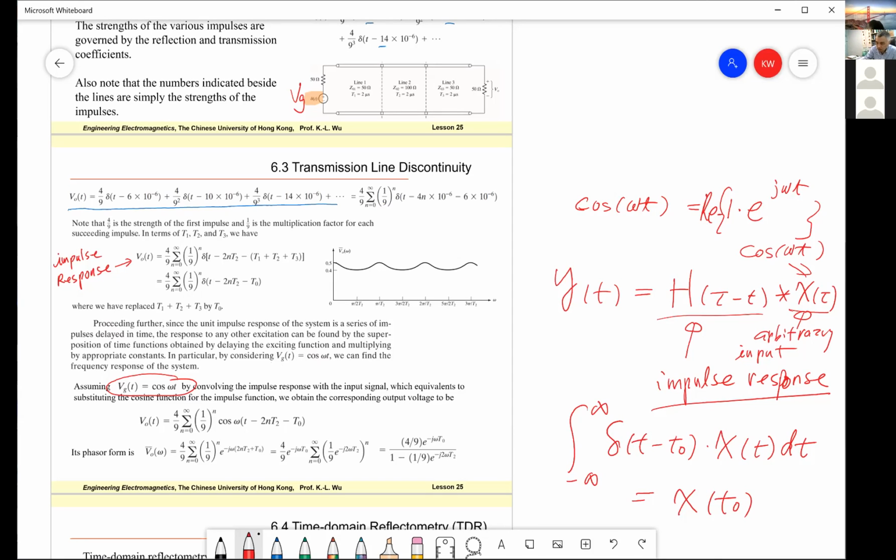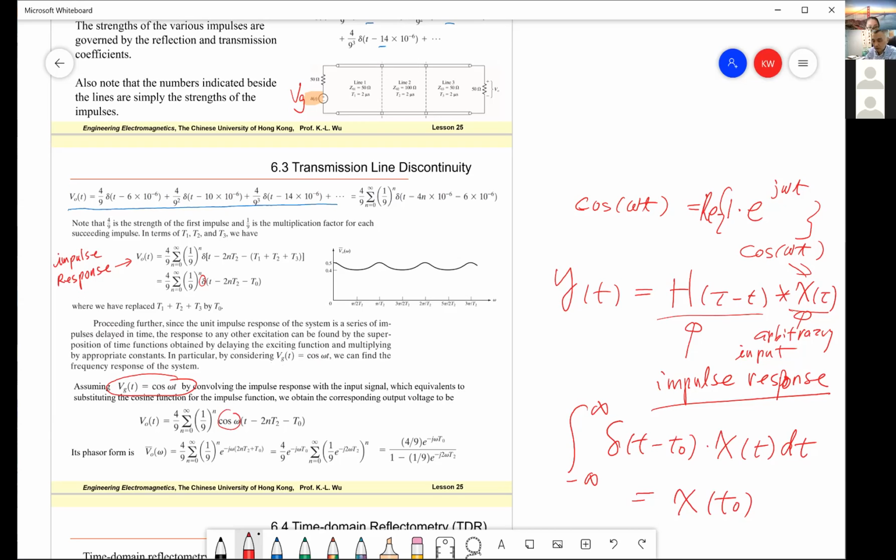The delta function has a property for sampling. So if you change t by tau, change t0 by t, we can simply obtain the response: we simply replace delta by cosine omega, because we use the sampling principle, right?